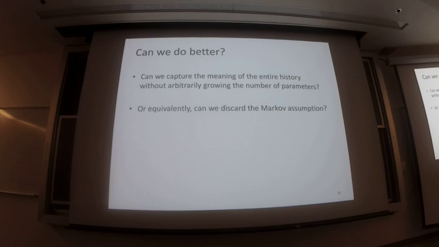We are not interested in remembering the entire sequence, but just a summary of the sequences as they appear. Equivalently, can we discard the Markov assumption so as to also prevent our parameters from growing?